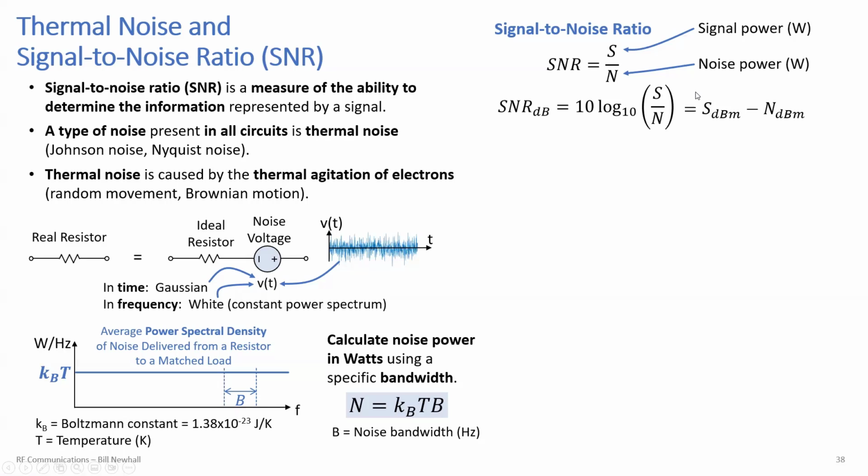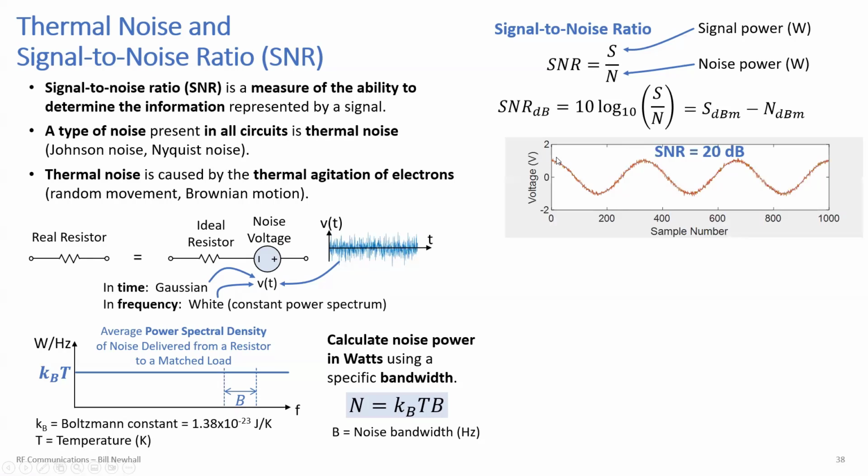But I want to show you visually what it looks like if you apply additive white Gaussian noise to a sinusoid, and what the SNR would look like. If you take a clean sine wave and add Gaussian noise, and the SNR is 20 dB, this is what that signal would look like.